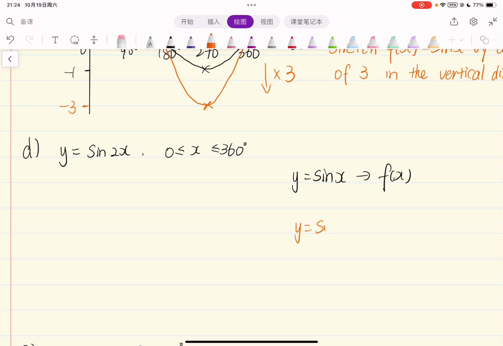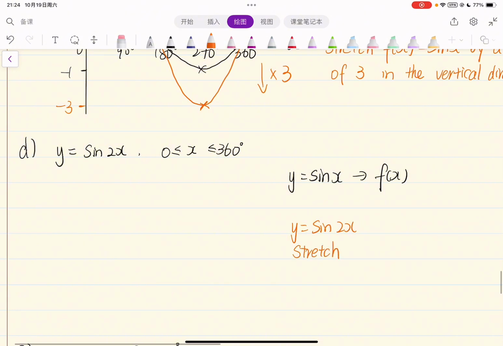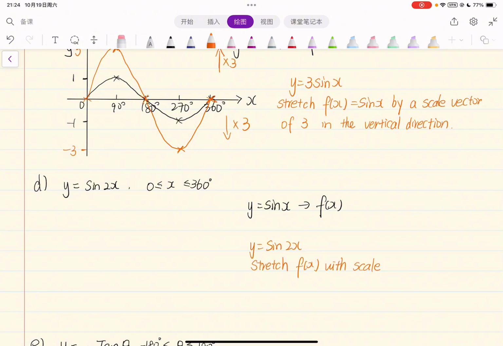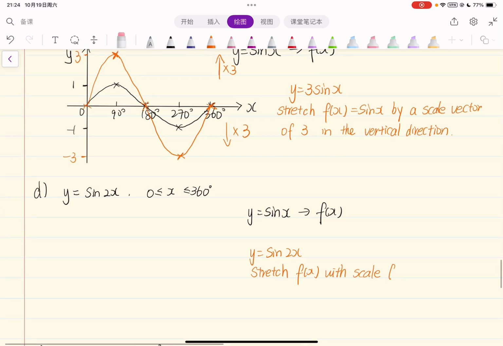So y equals sine 2x, which means you stretch f(x) with scale factor, in here I read wrong, that is scale factor of 1/2 in the horizontal direction. Right?